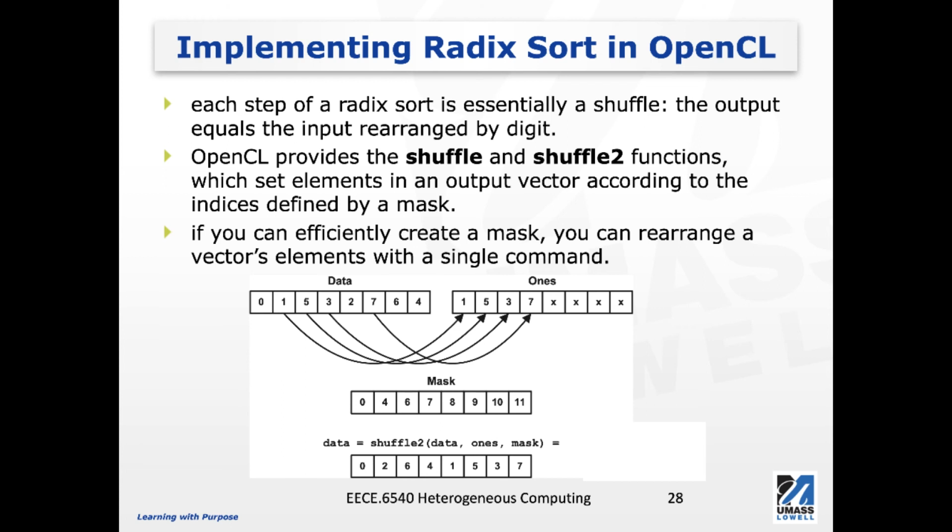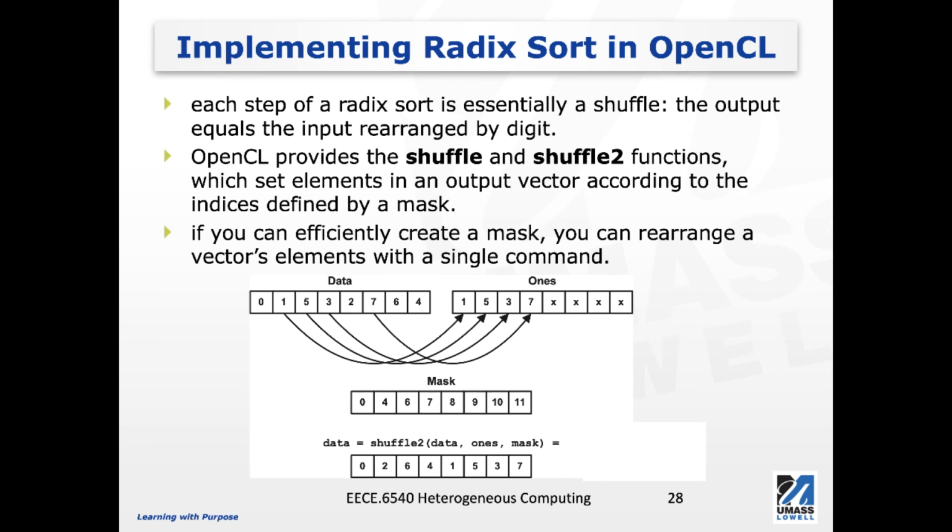These 2 functions will set elements in an output vector according to indices defined by a mask. And these 2 functions are quite useful for radix sort because radix sort is basically doing shuffle in different iterations. If we can have a very efficient mask, we can then rearrange the vector's elements with a single command.